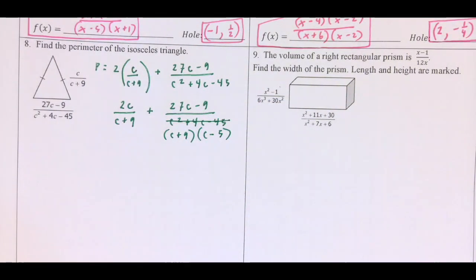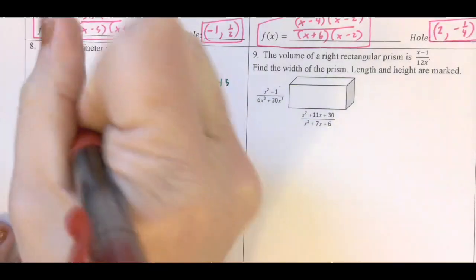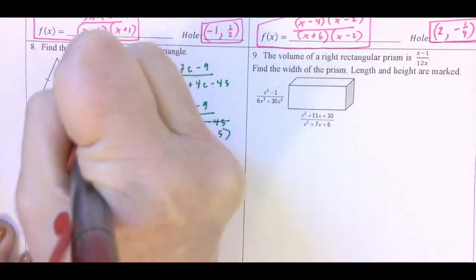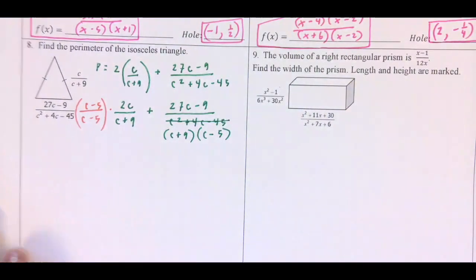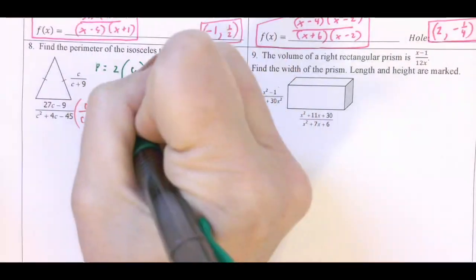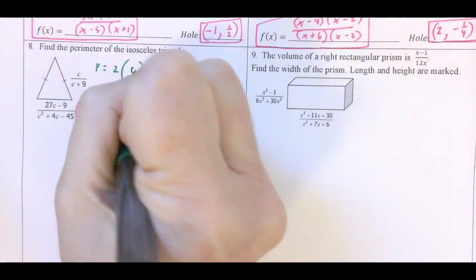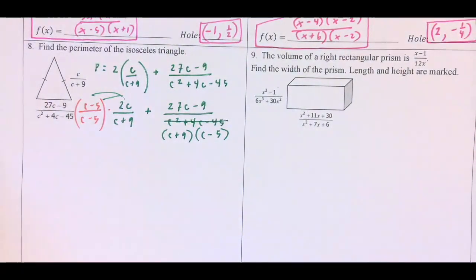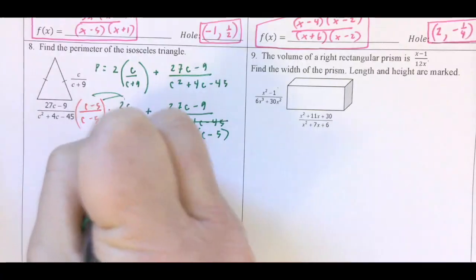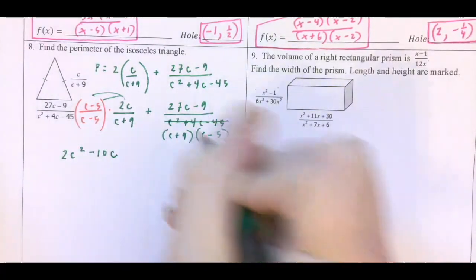So on the left, I can see that to get a common denominator, this is going to need a c minus 5 over itself. Okay, so my next step is to consolidate all of those numerators. Let me distribute the 2c over the c minus 5. So I have 2c squared minus 10c.